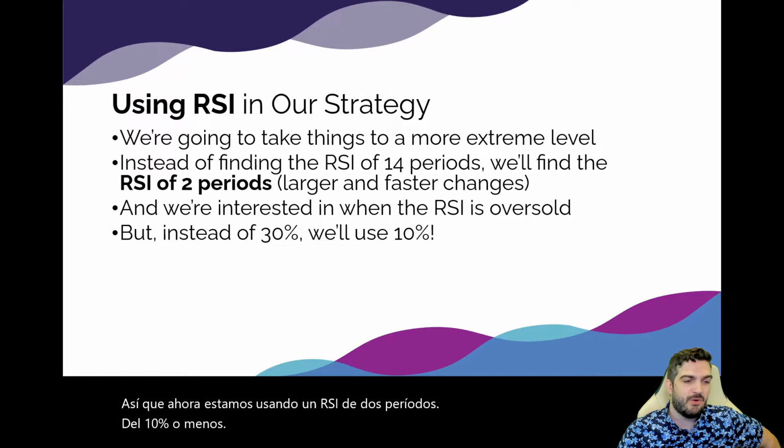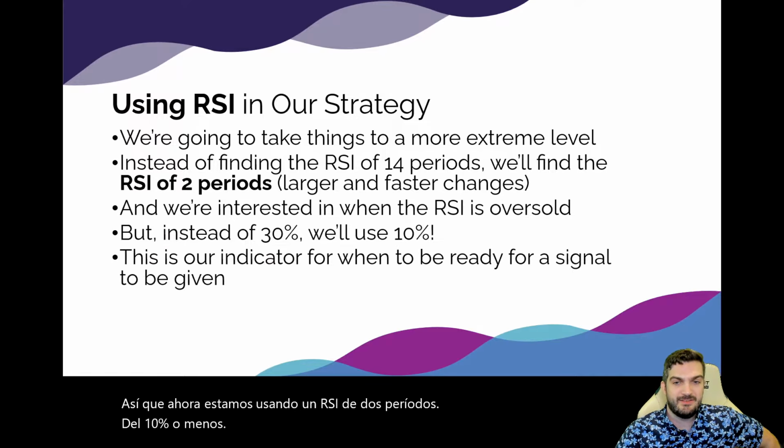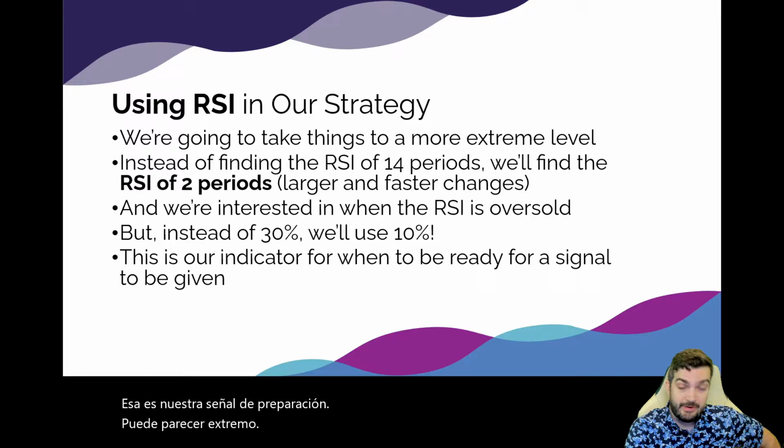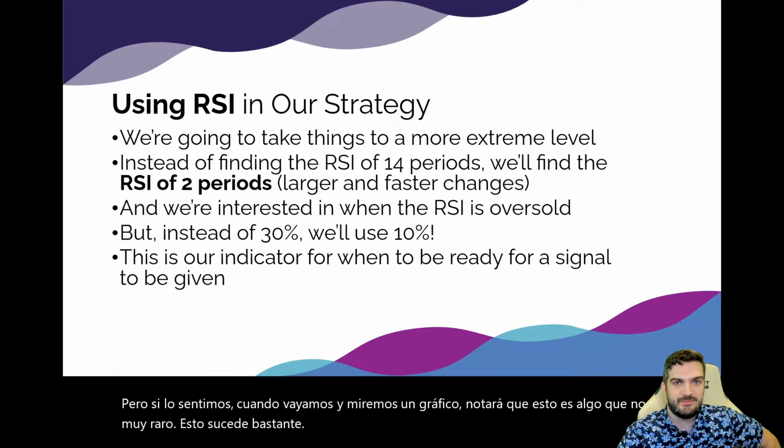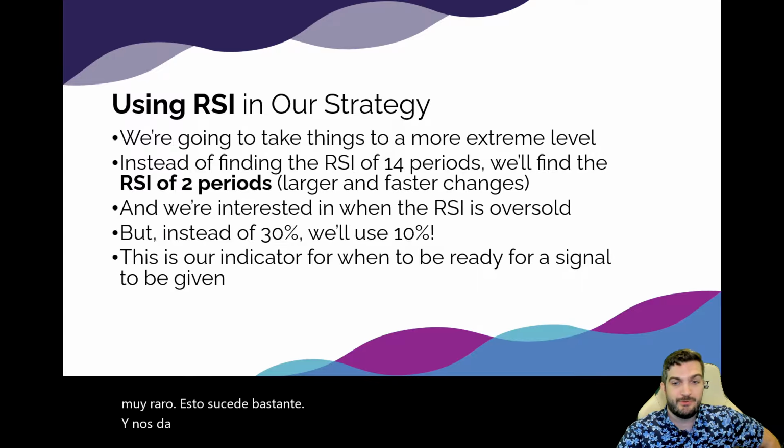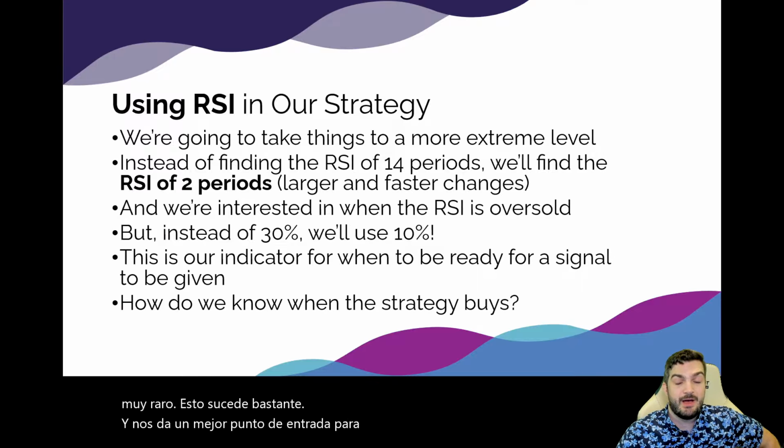That is our get ready signal. It might seem extreme, but when we go and look at a chart of it, you'll notice that this is something that is not very uncommon. This happens quite a bit, and it gives us a better entry point for when we might want to say go.